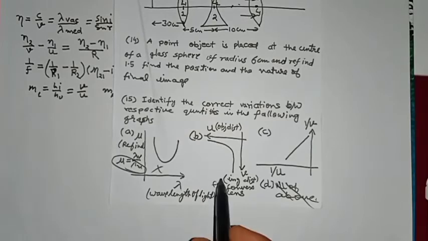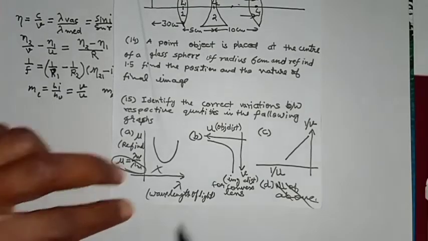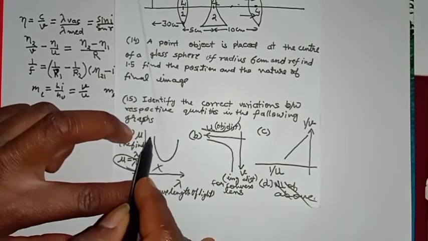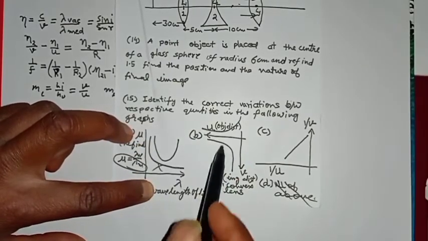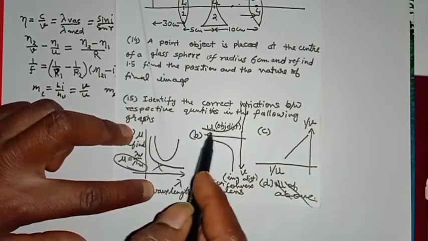So here it is. For convex lens, of course this is the shape of the graph, but it should be in the second quadrant, because for a lens, u is negative. Generally when we do the experiment, u is negative and v comes positive, because each time we measure distance for a real image.